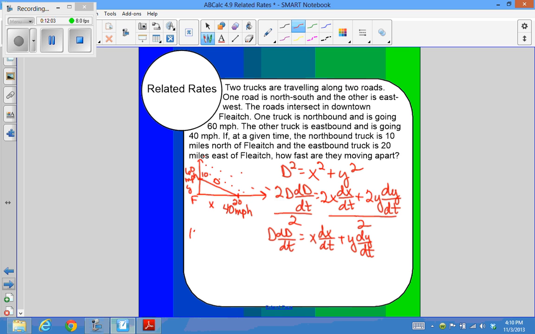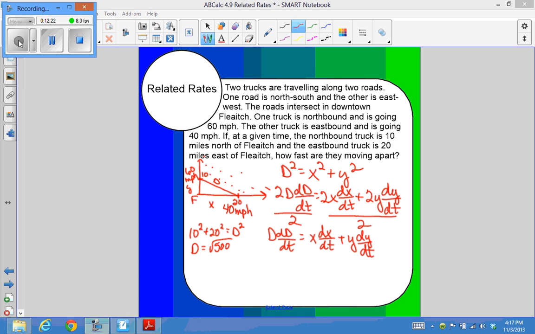So if I put in 10 squared plus 20 squared, that would equal my distance squared. That's going to be that hypotenuse. So my distance value right there would be the square root of 500 when I simplify that out.